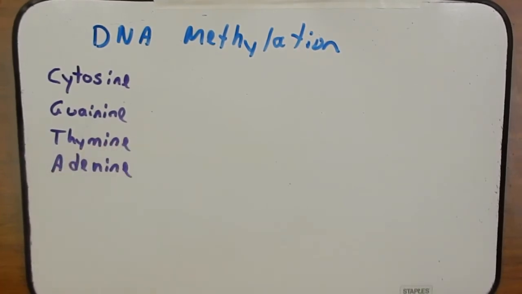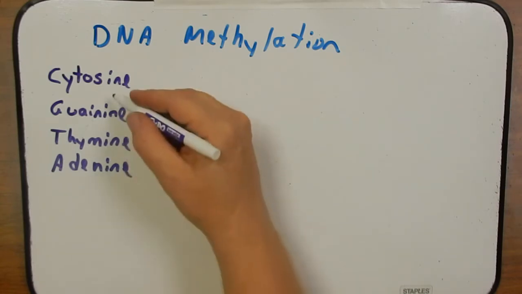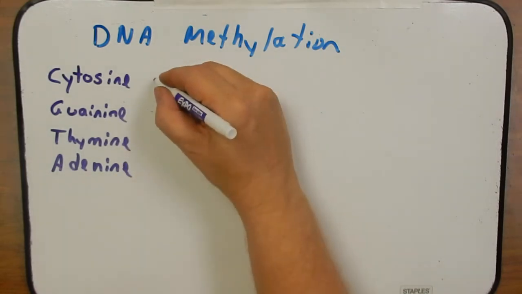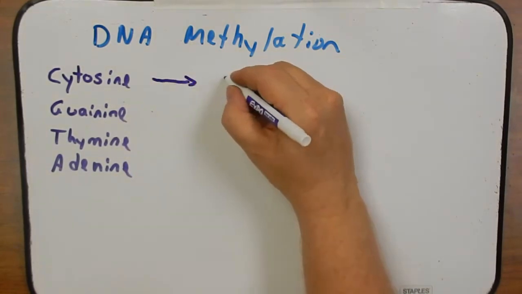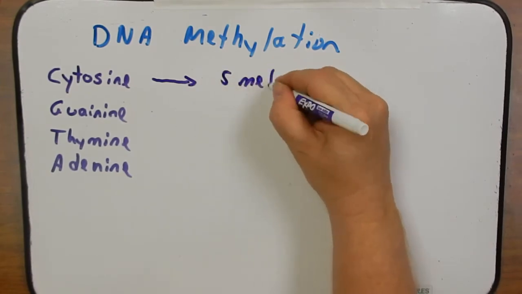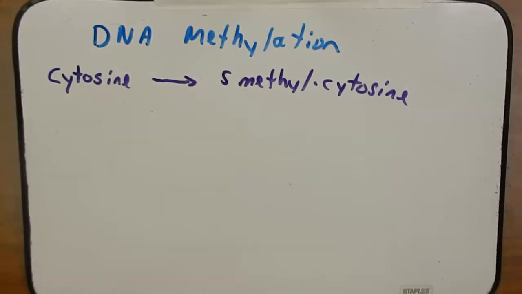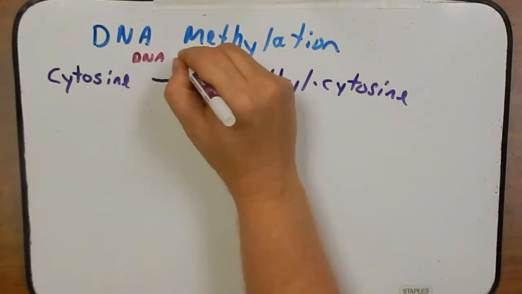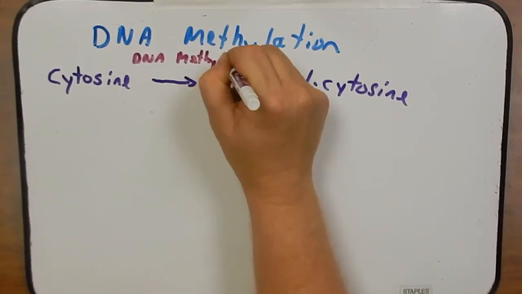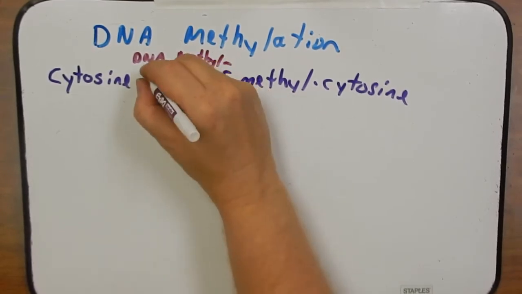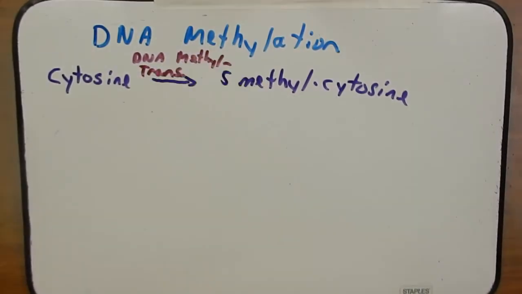There's also uracil that's found in RNA, but I'm just talking about DNA for now. There are variations of some of these bases, and one variation that we want to talk about is 5-methylcytosine. This occurs due to an enzyme called DNA methyltransferase. And all that does is add a methyl group to the 5-carbon position of cytosine.